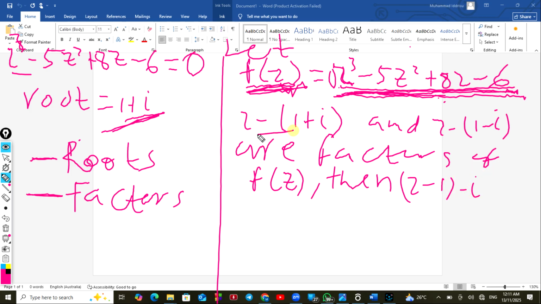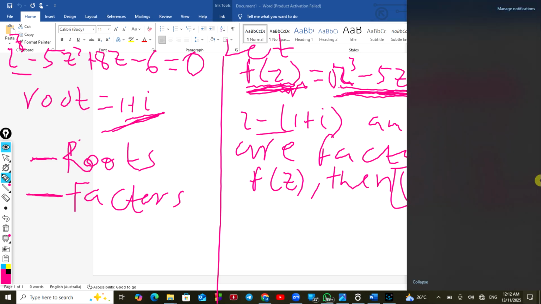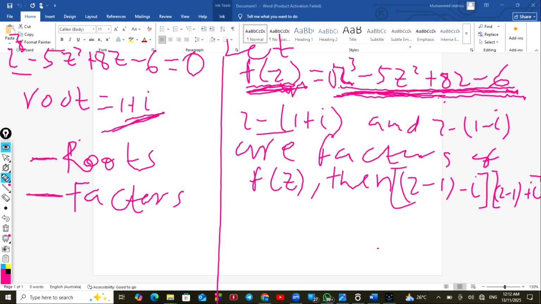I'm just isolating the i's, and then I want the product, so I'm multiplying this by the other one, times z minus 1 plus i. Okay, so I have something like this.